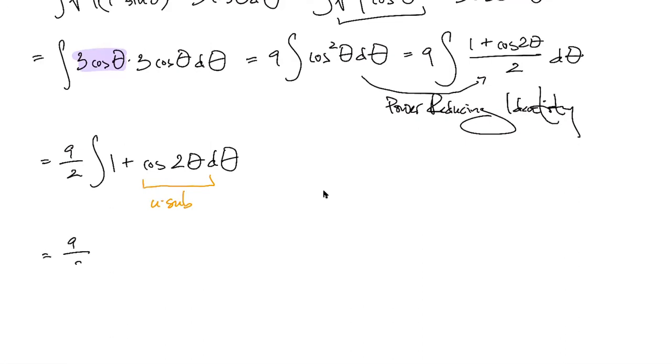So that's going to give me the integral of 1 is theta plus the integral of cosine 2 theta is 1/2 sine 2 theta plus c.